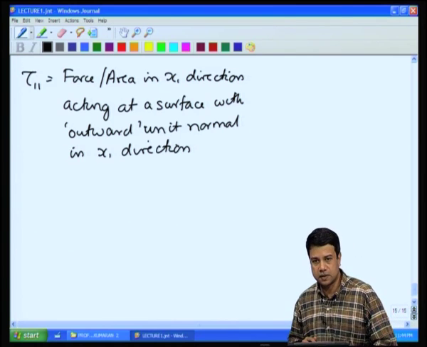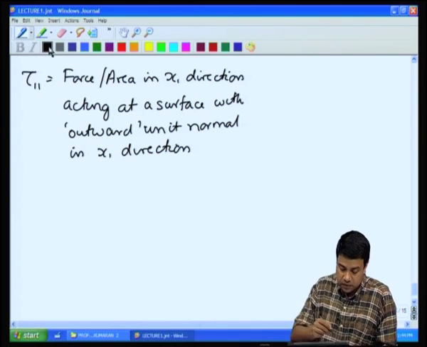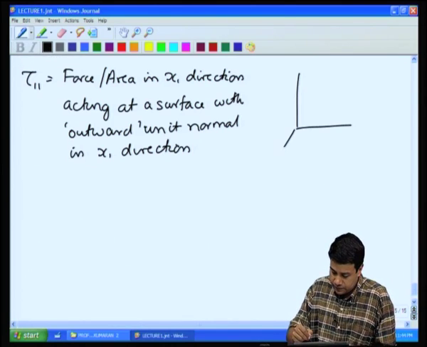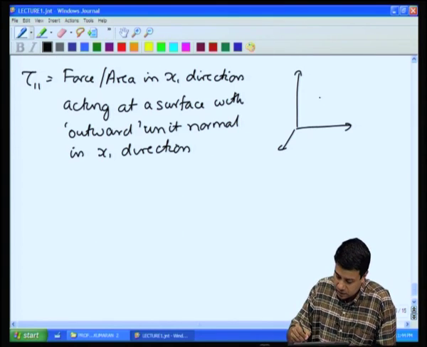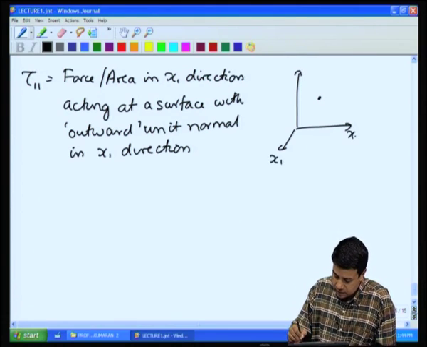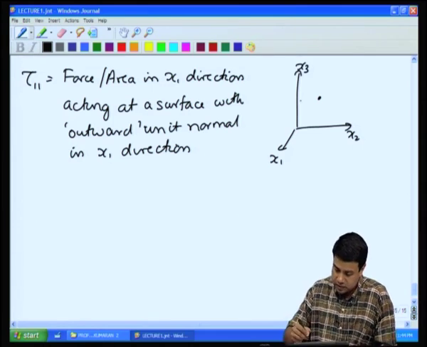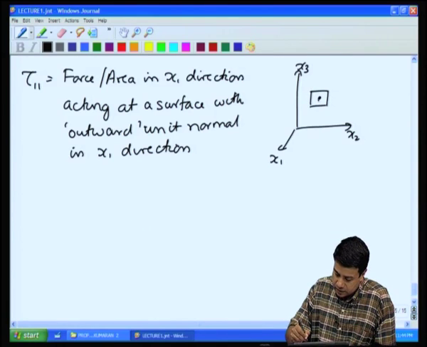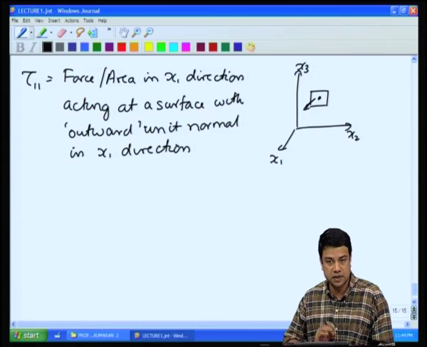Okay. So, let us spell it out in great detail. If I want to calculate the component tau 11 at one particular location, note that this is now a function of both position and time. So, at one particular location, I go there, I construct a surface with unit normal in the x1 direction. So, this surface would have a unit normal in the x1 direction, and at the surface I measure the force acting on the surface in the x1 direction, divide by the area, and I get tau 11.